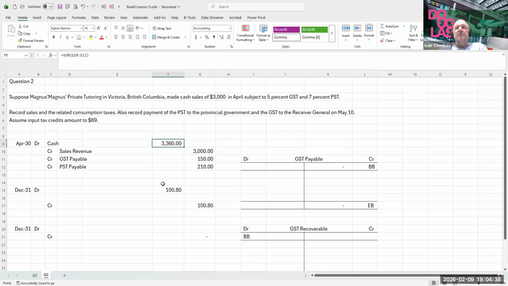Now it comes to May 10. That's not 10/05, that should be May 10. Let's see if that's going to work. No. Okay.